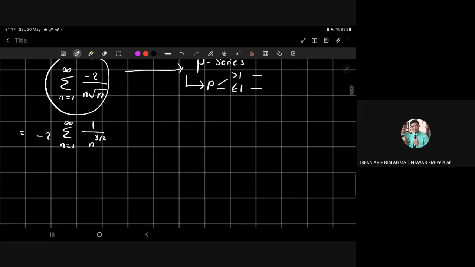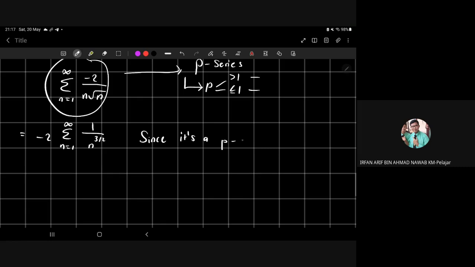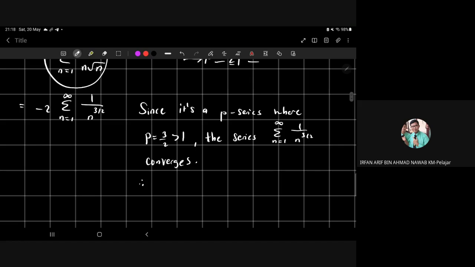The way I wrote my answer is in a sentence: since it's a P series where P is equal to 3 over 2, which is larger than 1, the series from n equals 1 to infinity of 1 over n to the 3 over 2 converges, and therefore negative 2 over n to the 3 over 2 converges.